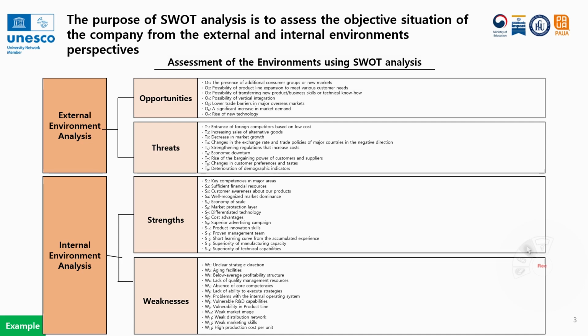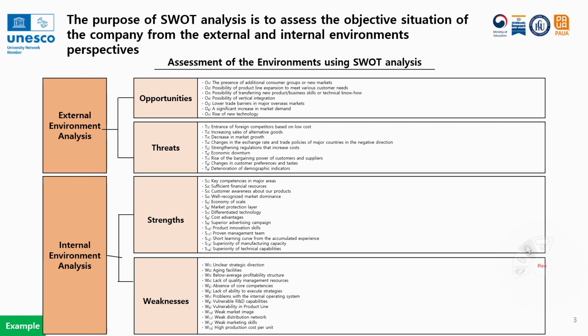An indirect competitor is defined as one serving our target customers with the same values but with different products, that means with alternative goods. So if our indirect competitors increase the sales of their goods, that's not good news to our company. That could be a threat to our business.